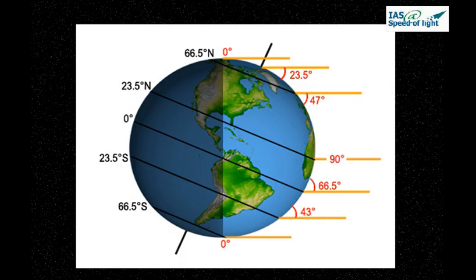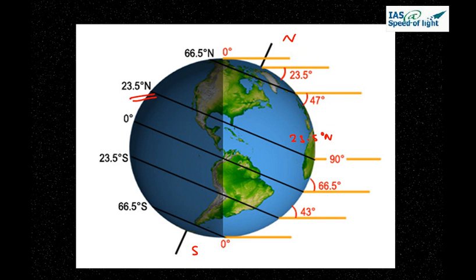This is another illustration, when the northern pole has its summer solstice. The northern pole is tilted towards the sun. So here we are getting the direct rays of the sunlight on 23.5 degree north, which is the Tropic of Cancer, right?